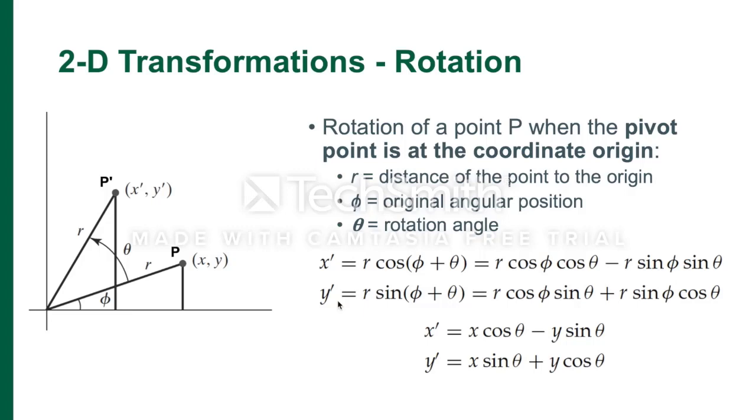And if we apply trigonometric identities, we can obtain this formula. We can observe that r cosine of phi is equal to x, so we can replace x here, and we can replace y in a similar way in this portion of the equation. So we are going to end up with this set of equations that depends only on the original point coordinates and the desired angle.